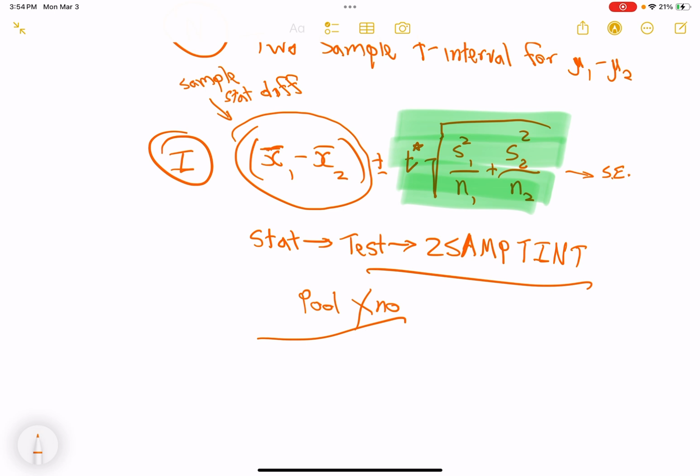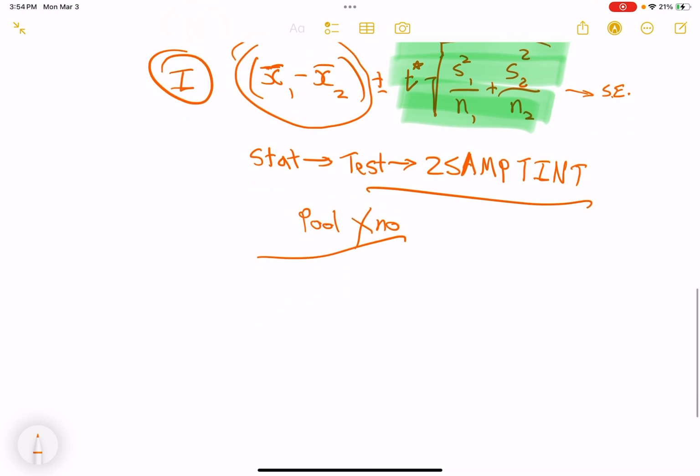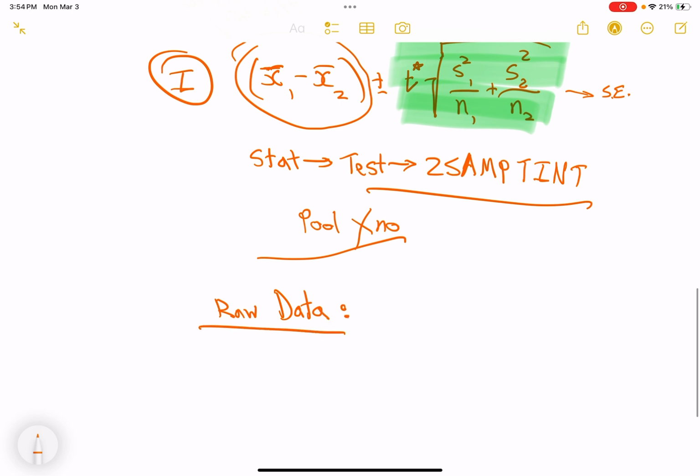And then finally, if you are given raw data, I want to make this clear. Here's what you will do. You will go onto your calculator. Okay? It should be in front of you. I'm pulling my calculator out now as we speak, heroes. And what you will do is you will click stat.